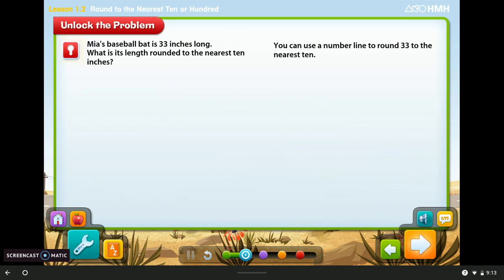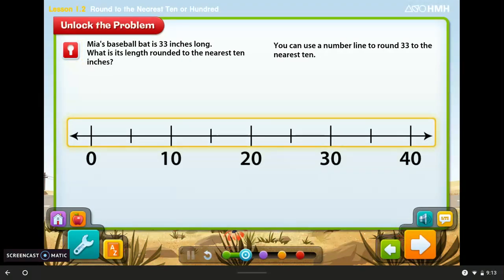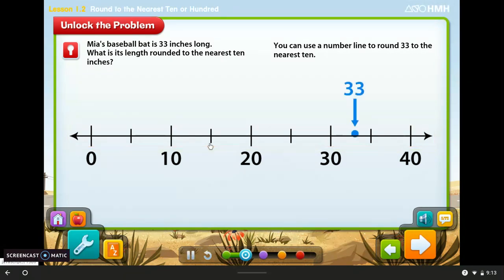Okay, so we can use number lines to help us round. If Mia's baseball bat is 33 inches, we want to find the length rounded to the nearest 10. If we have a number line, you're thinking to yourself, where would I put 33 on this number line? 33 is just a little past 30.